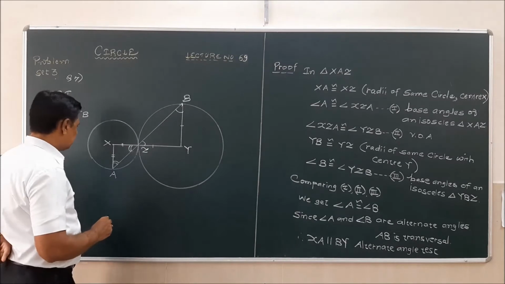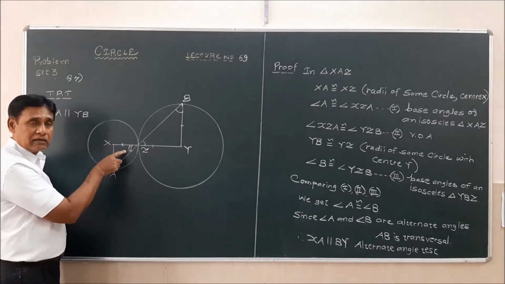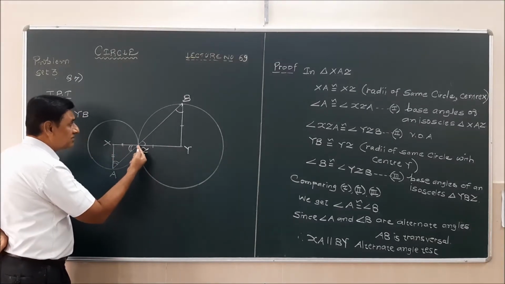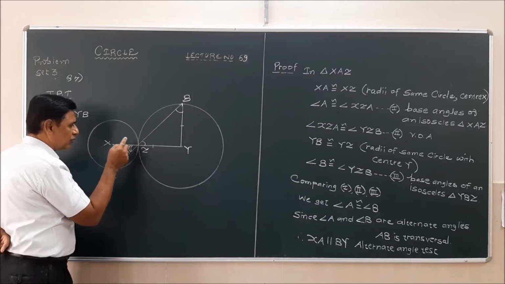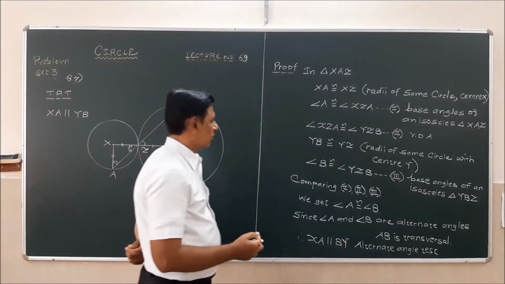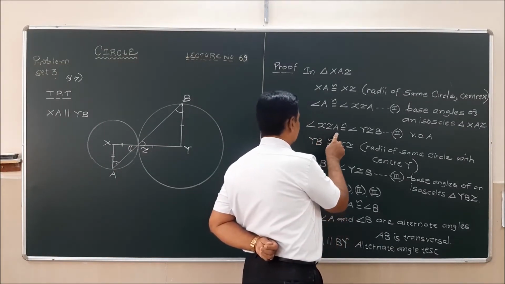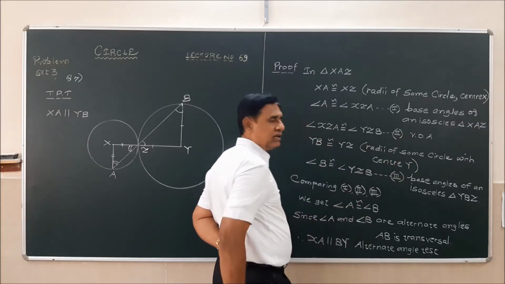Secondly, you will find angle XZA, this angle, and angle YZB, this angle. These two are vertically opposite angles this way. So that is what I have written over here: angle XZA is equal to angle YZB, vertically opposite angles.